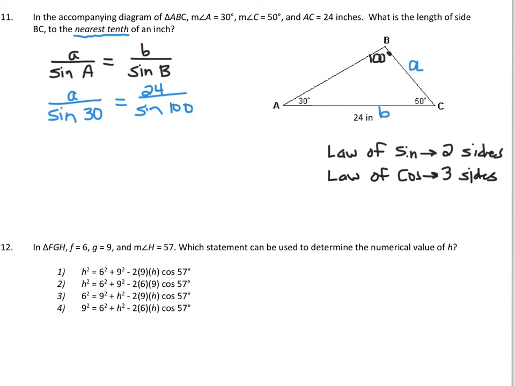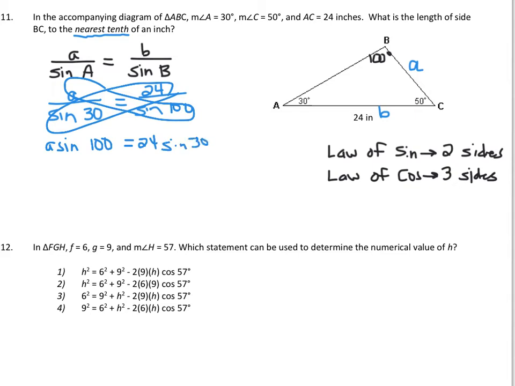Okay, now what we have to do is just cross multiply. So A times sine of 100 is A sine of 100. 24 times sine of 30 is 24 sine of 30. And then to get the A by itself, we're going to divide both sides by sine of 100.